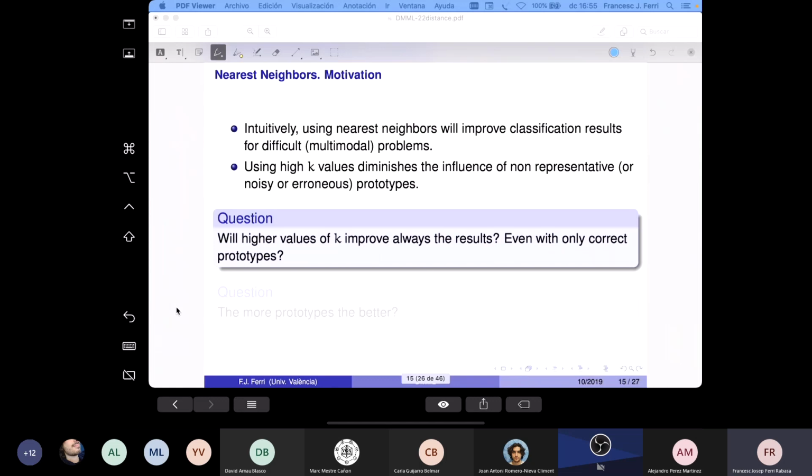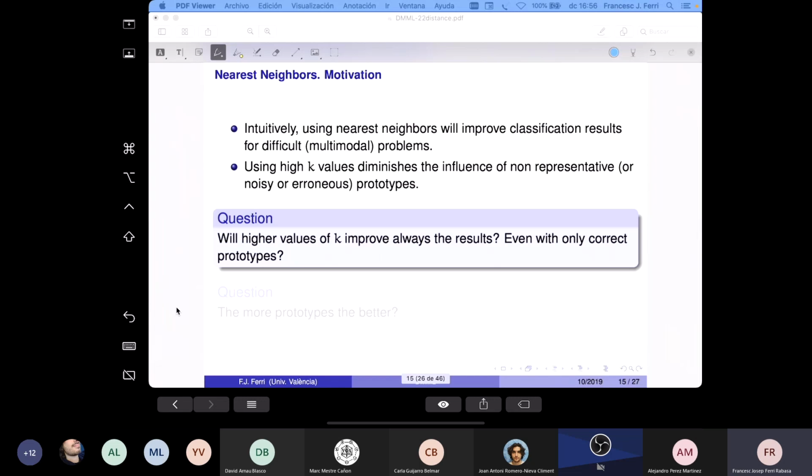Imagine we live in a city of 100,000 inhabitants, for example. And we are going to make a vote to decide whatever. We go to a street, to a house, and we take neighbors and make a vote. The larger the number of neighbors we take, the more accurate is this vote.